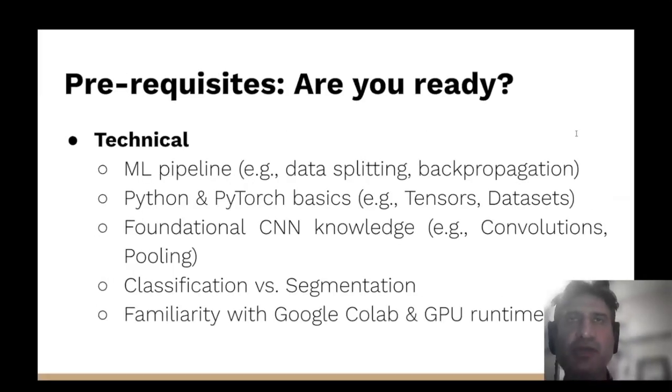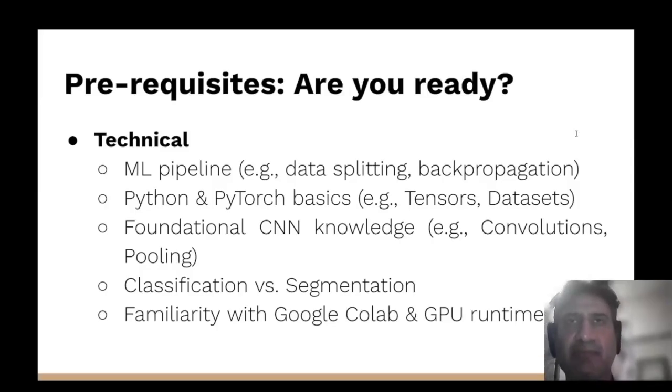To get the most out of this tutorial, you should have a basic starter kit of knowledge. I assume you're comfortable with Python and the basics of PyTorch, like creating tensors and datasets. You should also understand the core concepts of CNNs, things like convolutions and pooling.